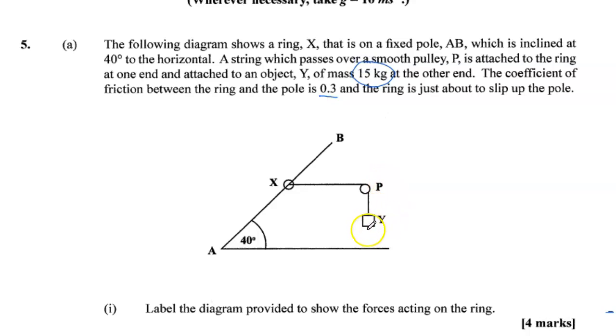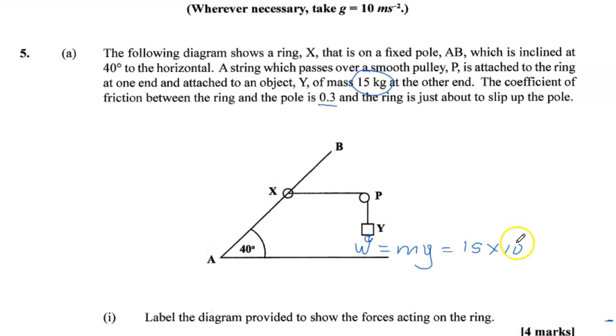At Y, we have a mass of 15 kilograms. The weight at Y is mg, where m is the mass, so 15, and we are asked to use g to be 10, so it's 15 times 10. So the weight at Y is 150 newtons, hanging down.